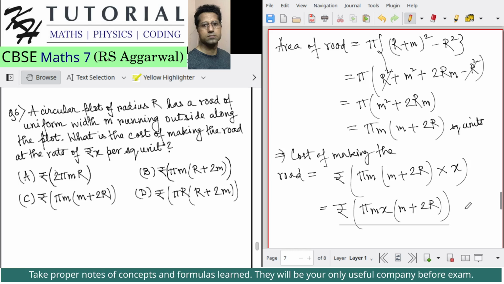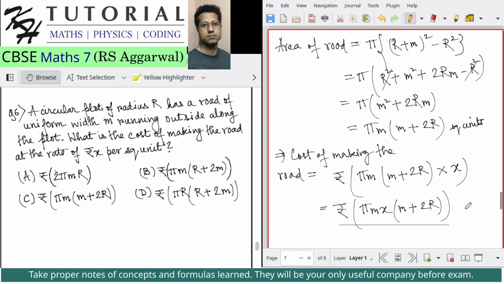So with this, it comes to an end in the discussion of area and perimeter of a circle and its related concepts, and solving 6 problems that will give you a good practice of your understanding of the concept of area and perimeter of a circle. In the next video, I will solve the problems of exercise 20F, which are based on area and perimeter of circle.